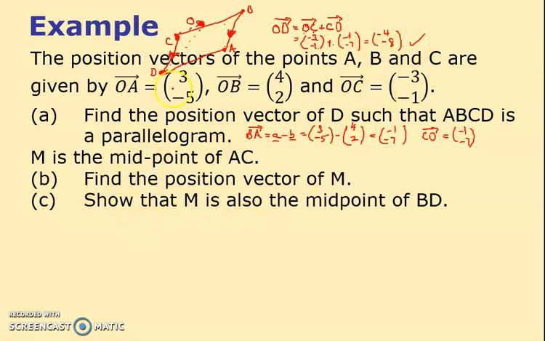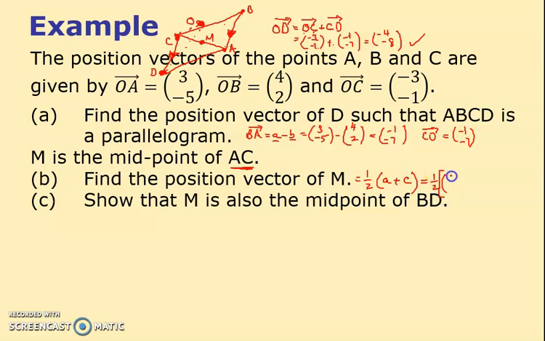M is the midpoint of AC. Where's AC? Oh, right. So that vector there, in the middle of it, we've got an M. Find the position vector of M. Well, the great thing about finding the midpoint of two vectors is we saw what you do just now. Because it's the midpoint of A and C, it's a half of A plus C. So let's do that. It's a half of, what was A?